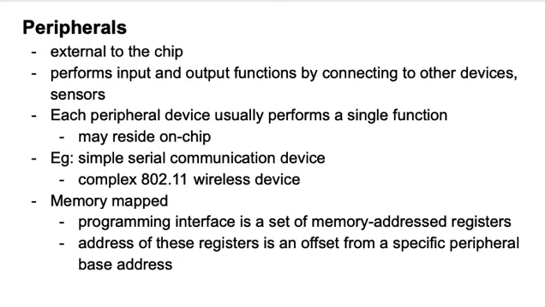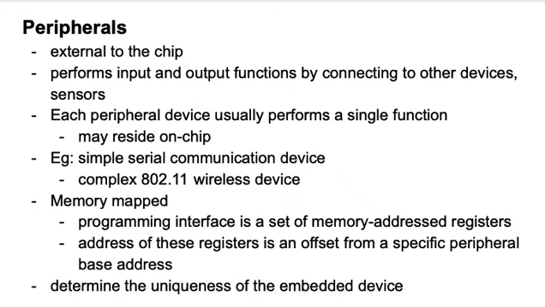The communication is memory mapped and programming addresses are set as memory addressed registers. Address of these registers is an offset from peripheral base address. The peripheral devices determine the uniqueness of the embedded devices based on its organization with ARM processor.